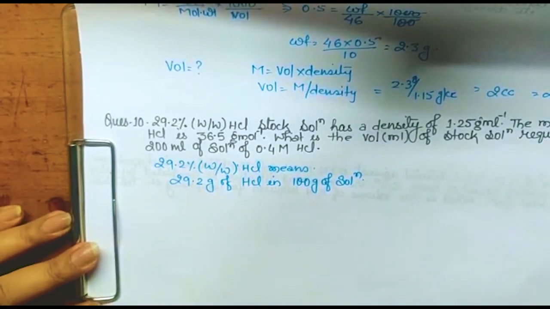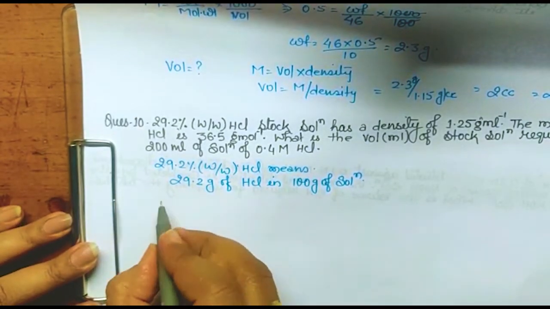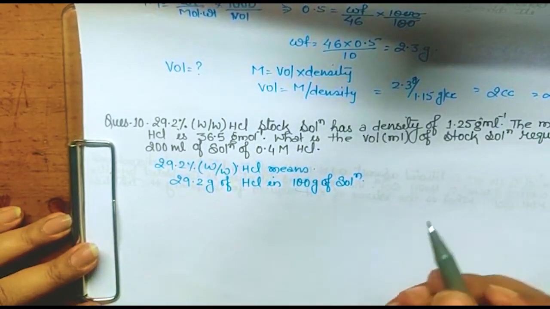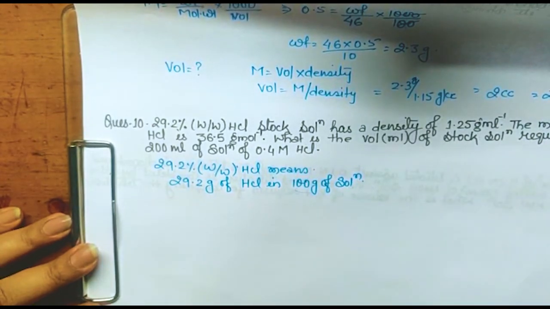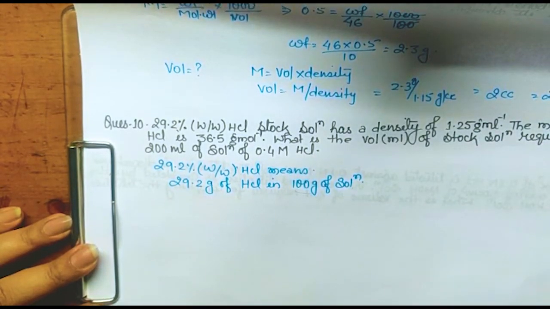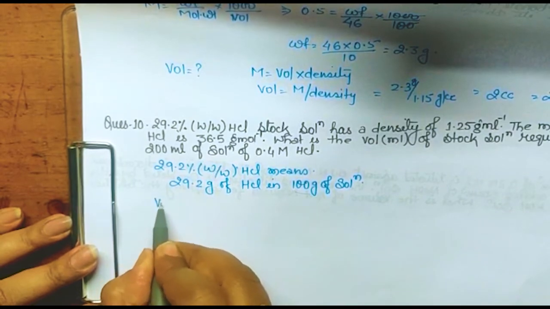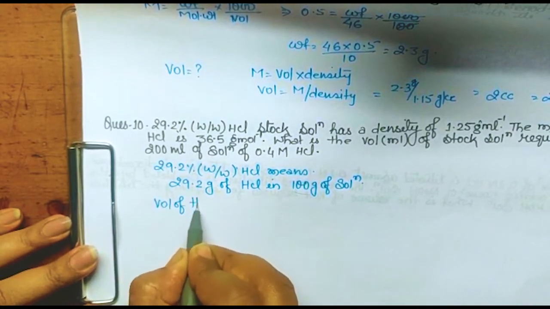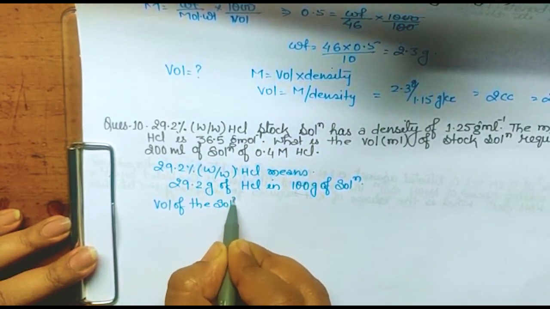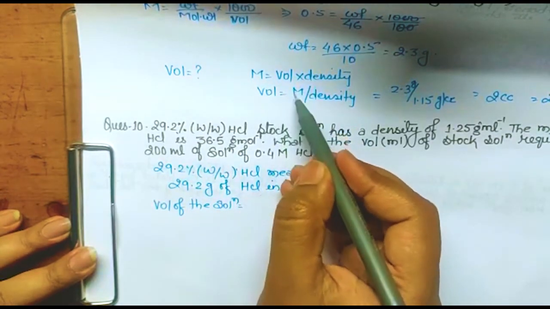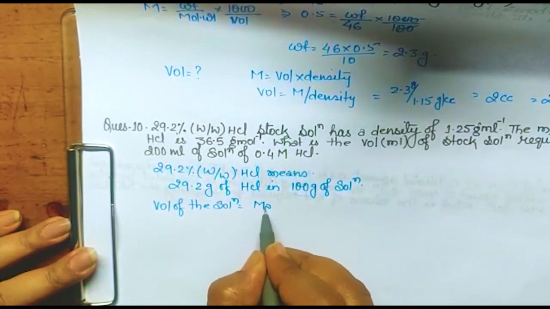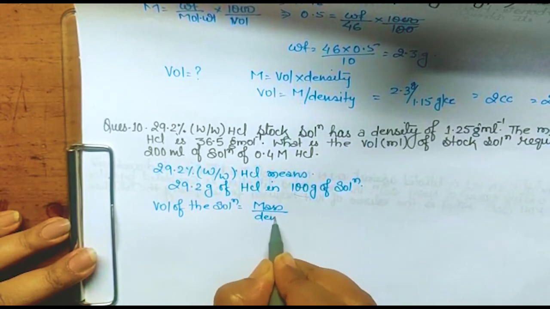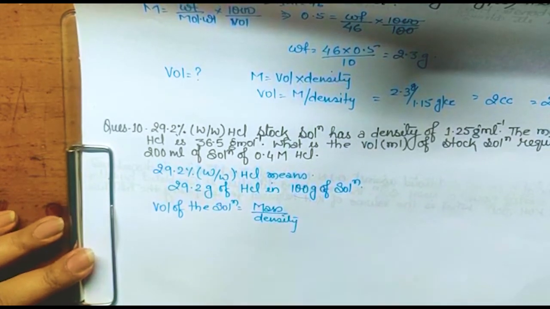So find the volume of the solution. The weight of the solution is given, and the density of the solution is given. So find the volume, then only you can find the molarity. So volume of the solution will be what? Volume is equal to mass upon density. For whatever you are finding the volume, take its mass and its density.